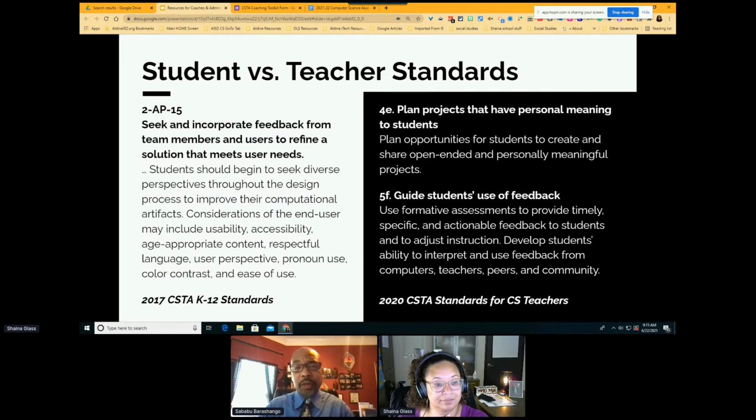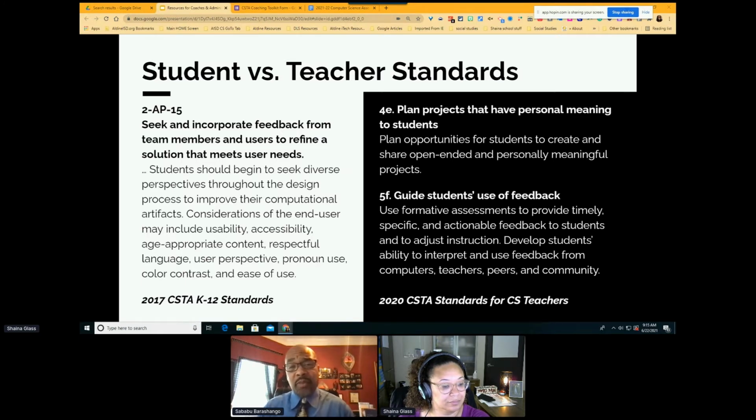But the teacher standards exhibit the knowledge, skills, and competencies that the teacher needs to have to effectively and equitably guide those students to successfully achieve those student learning outcomes.